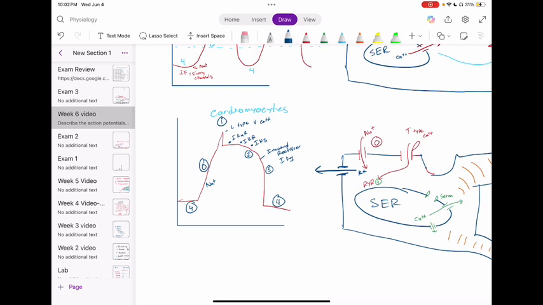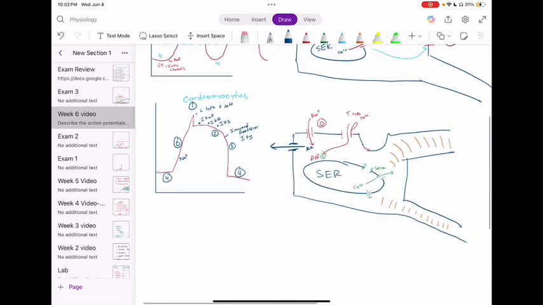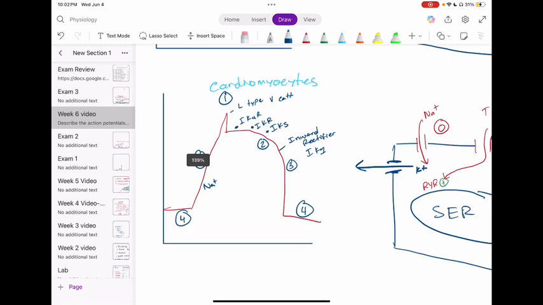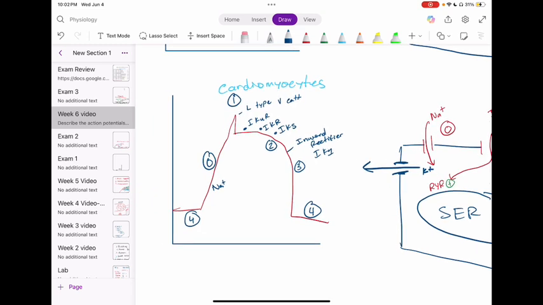So as this process happens, that's what makes our cardiomyocytes.